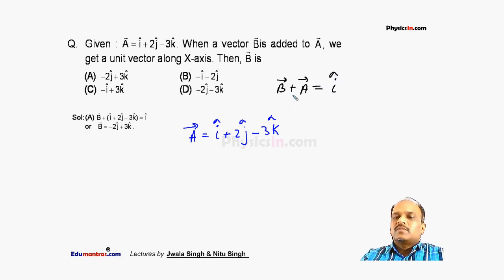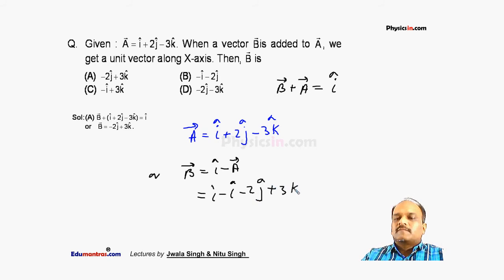So vector B plus vector A is i cap, or vector B is equal to i cap minus vector A, which is i cap minus i cap minus 2j cap plus 3k cap. So the i cap will cancel out. We get vector B as minus 2j cap plus 3k cap. So this is the answer.